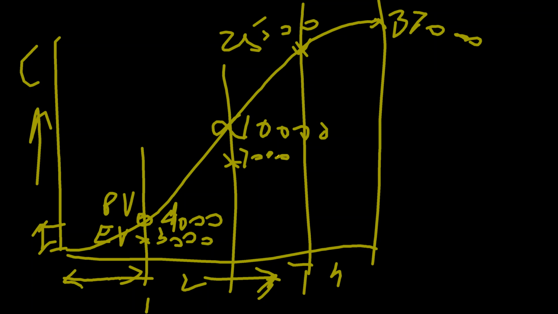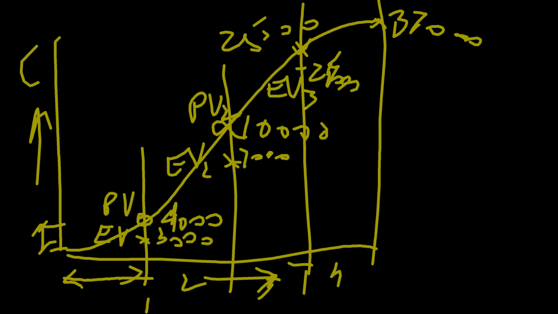So your PV2 was 10,000, and EV2 you achieved was 7,000. Again, you are behind the schedule. By the end of third month, you achieved 24,000. So your EV3 is 24,000 and your PV3 is 25,000.